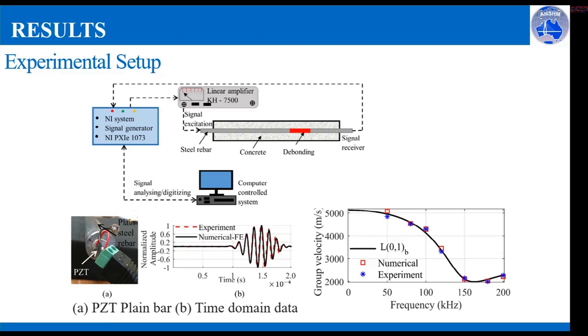To excite the wave, a 10 millimeter diameter PZT is installed at either end of the rebar. Initially, to compare the signals of the FE and experiment for the bare rebar, an 80 kilohertz signal is used, and it shows a significant match between the FE and experiment.